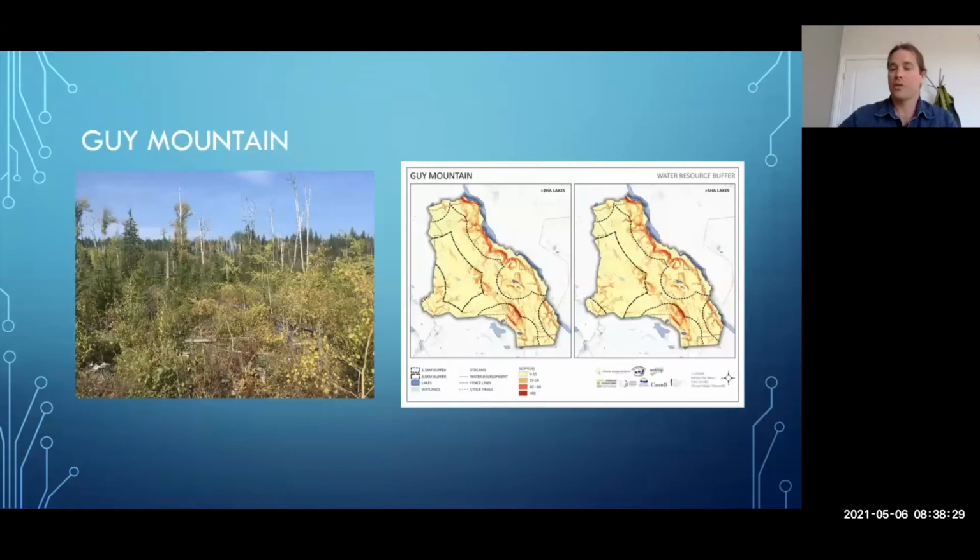So the first project is Guy Mountain, and it's located out in the Likely Horsefly area. The landscape's characterized by a large number of cut blocks, and there's been a significant amount of harvesting over the last 5 to 8 years, or more frequently even.